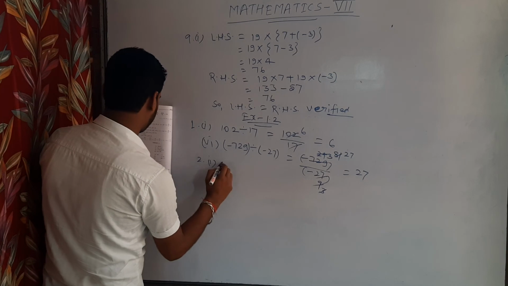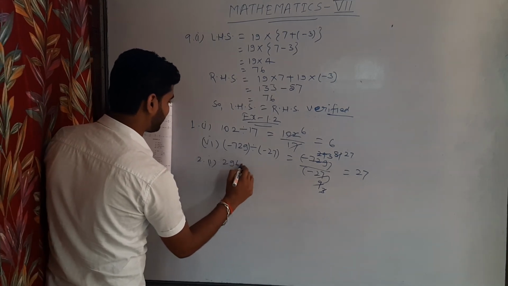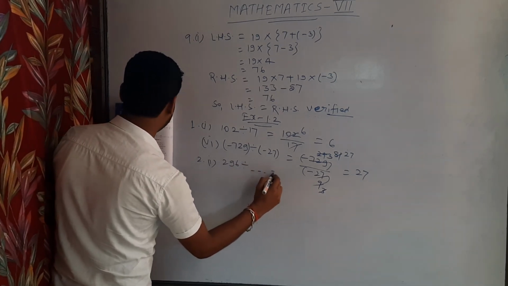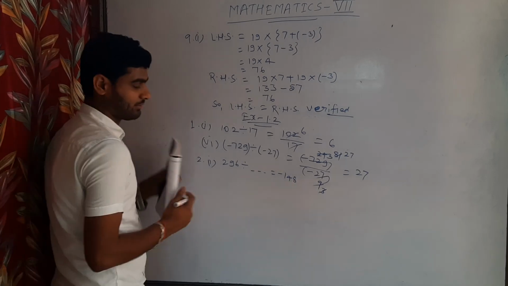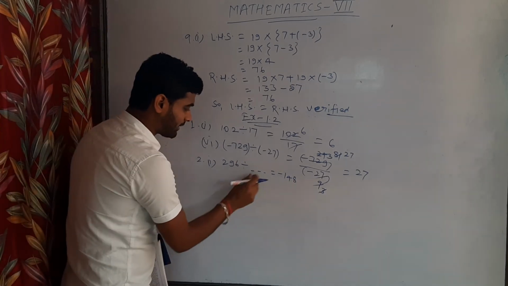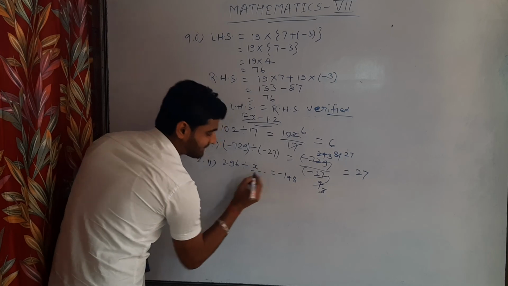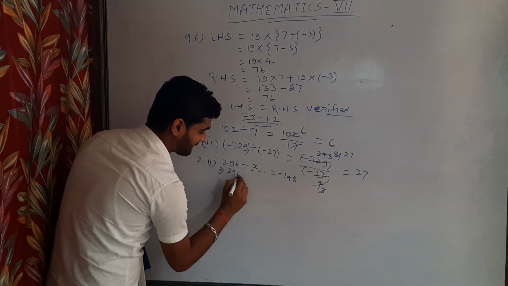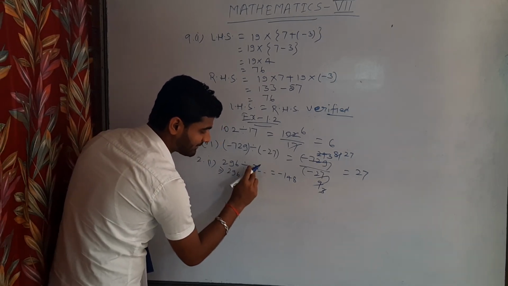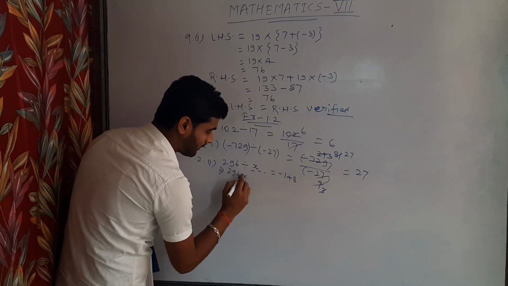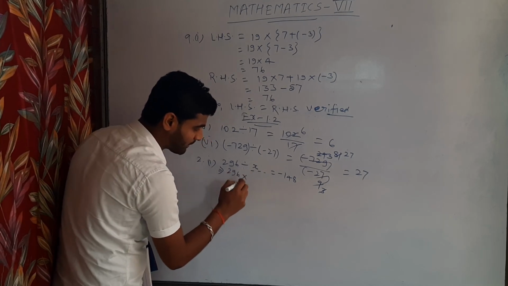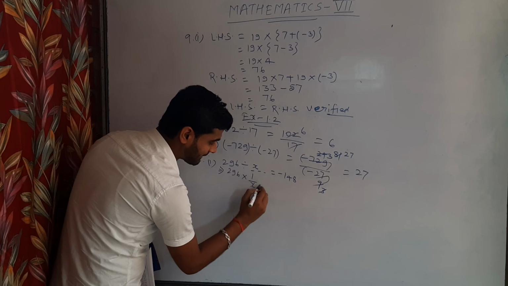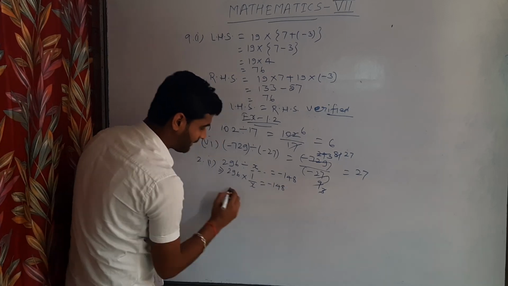Second, first. Fill in the blanks. 296 divided by what is equal to minus 148. So in the place of the blank we write x. 296 divided by x, which means 296 multiply 1 by x. So we get, when we interchange the sign of divide to multiply, 296 by x is equal to minus 148.